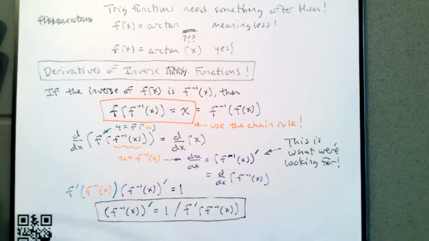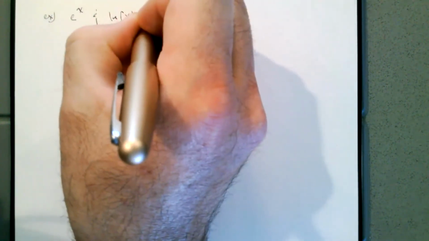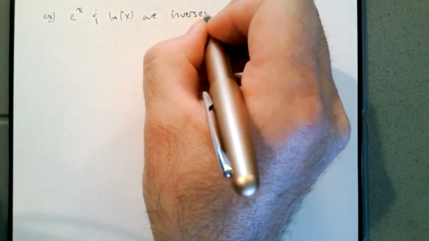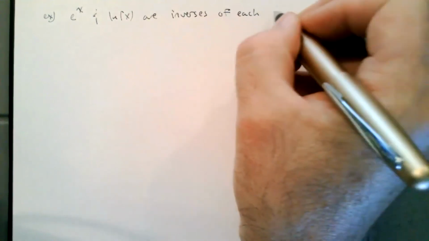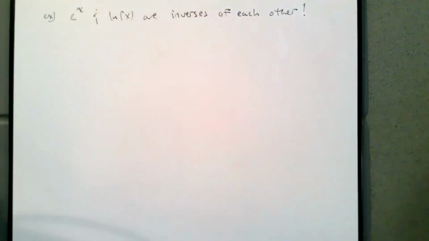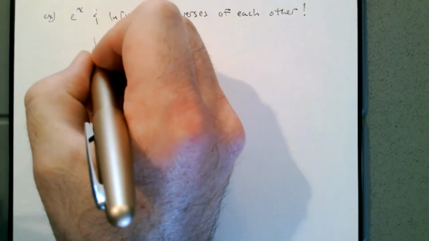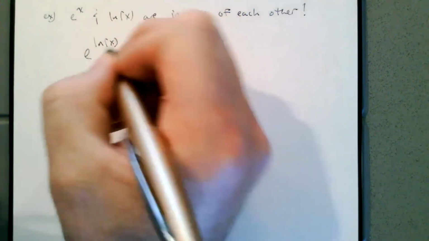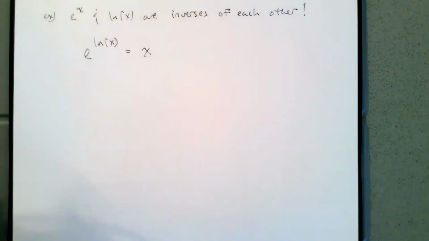Let's see how this applies in one of the derivatives that we already know. So we know that e to the x and natural log of x are inverse functions. That means if I do the natural log of x, and then I make that the exponent on e, we end up with x.